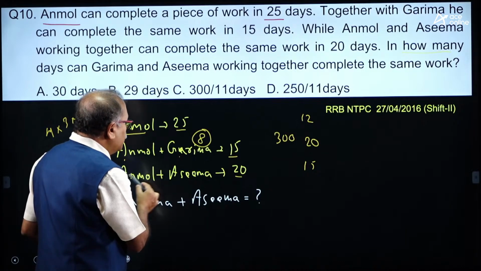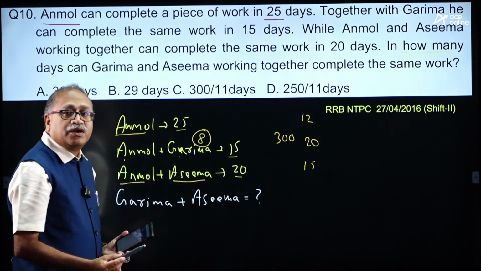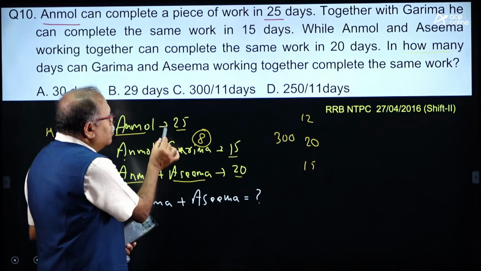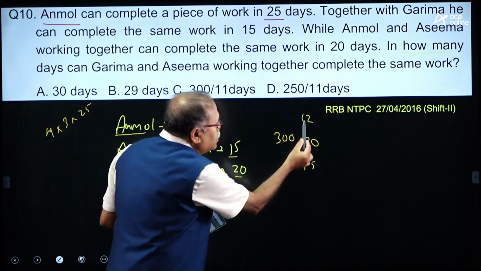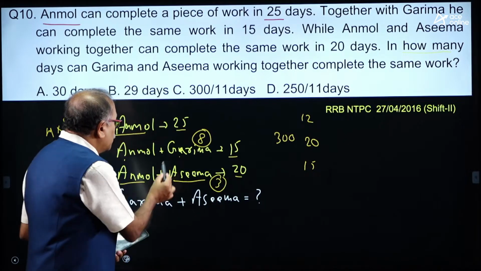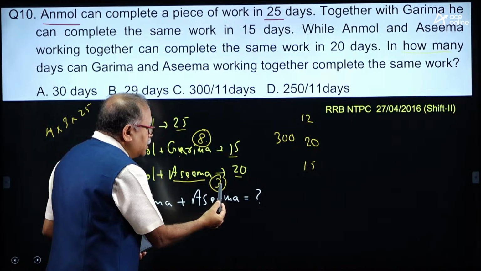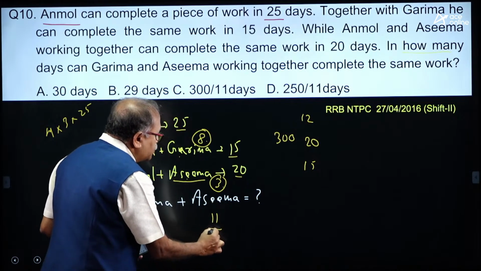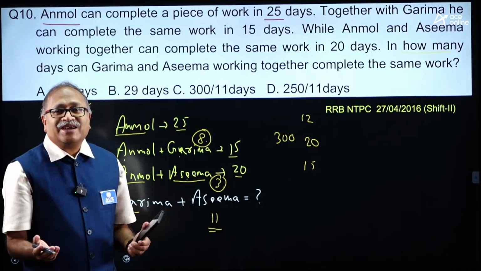Coming over here, Anmol and Asima is 15 units, and Anmol is 12 units, so Asima alone is 15 minus 12, that is 3 units. So, Garima and Asima together are 8 plus 3, that is 11 units. So, 300 by 11 is my answer.